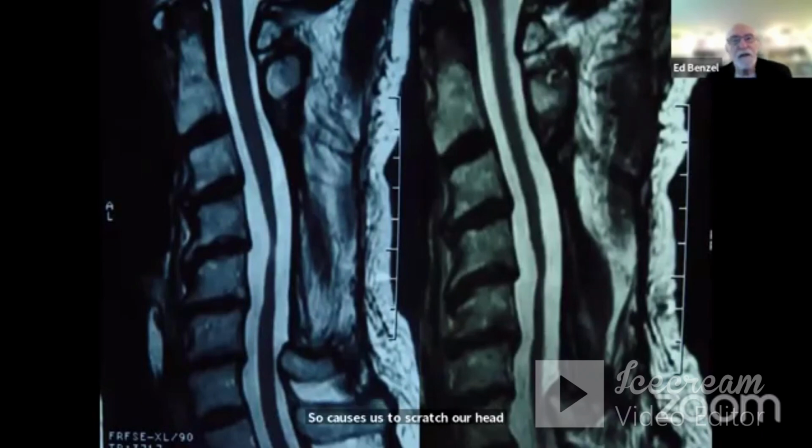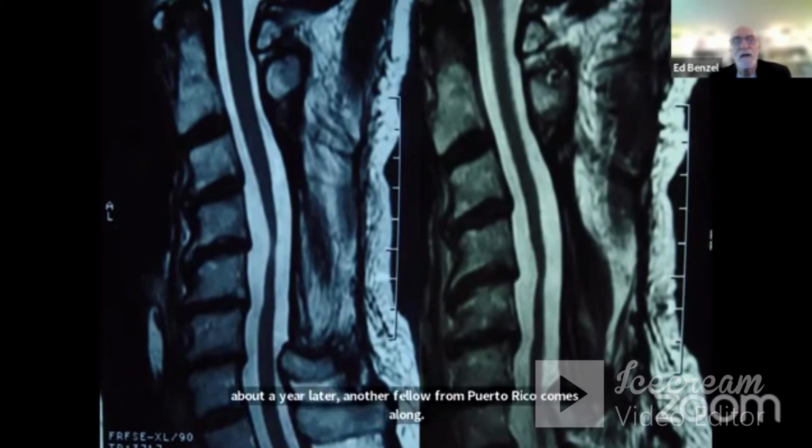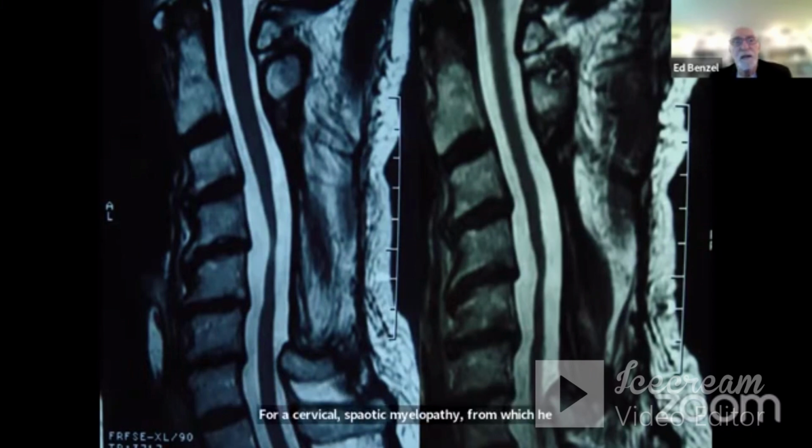Then about a year later, another fellow from Puerto Rico comes along, having had, 10 years prior, a laminectomy for cervical spondylotic myelopathy, from which he improved significantly. And then he began having a progressive myelopathy again, and his physicians got this MRI, which demonstrates no compression, an atrophic spinal cord.